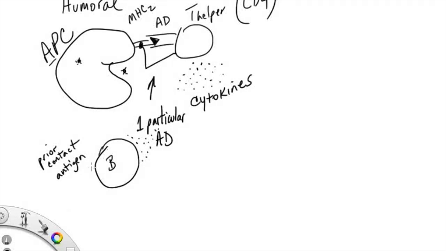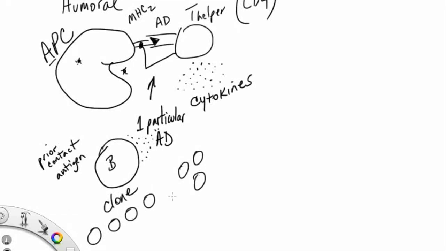So this B cell's ready. The cytokine hits it. The B cell is now active. Here's new information. We haven't talked about this. The B cell will clone itself, a huge population of clones. So they rapidly divide. Notice how I'm kind of separating them out here.